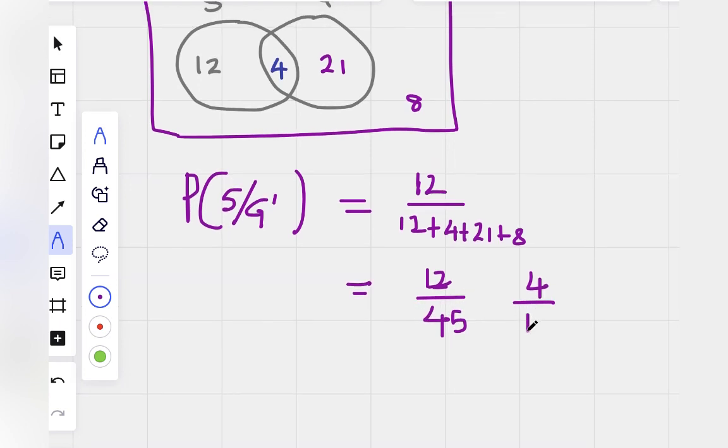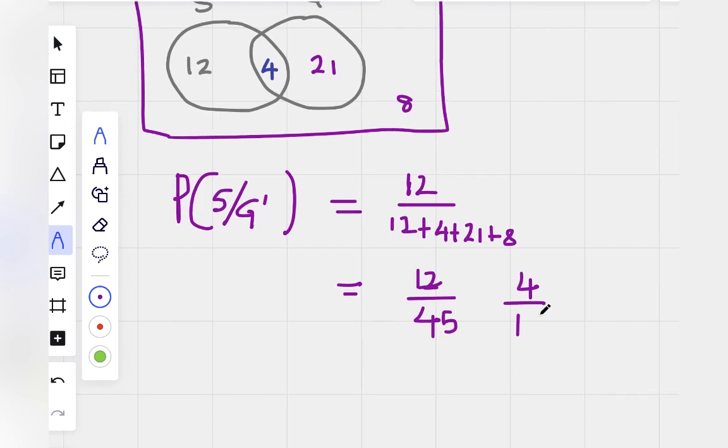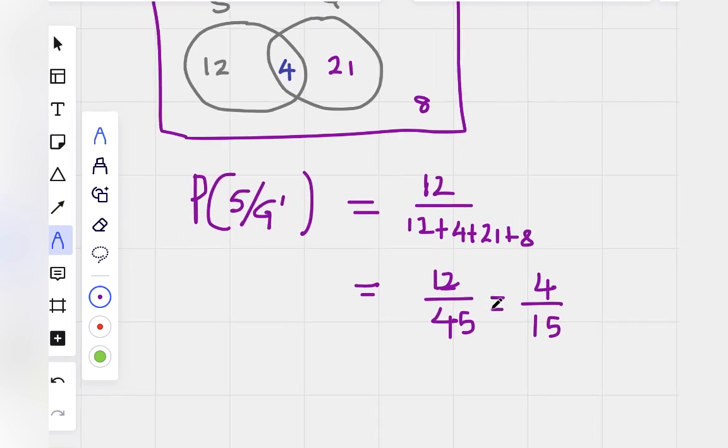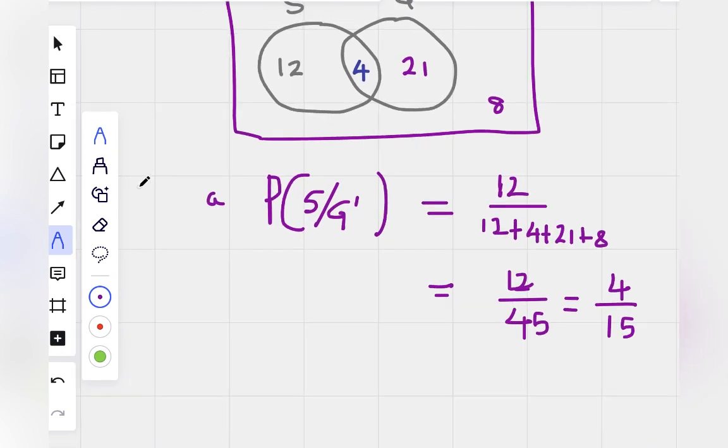We put the 1 here, it becomes 15. 3 goes into 15, we get 5. So our answer becomes 4 over 15 as the probability of students who study Spanish only. Okay, so that's the first question, question 2A: probability of those who study Spanish only.